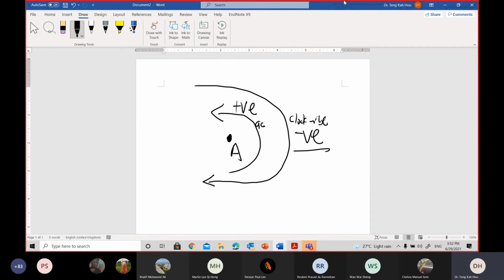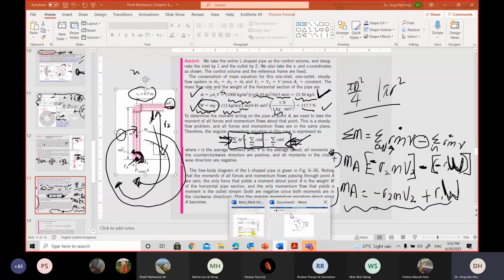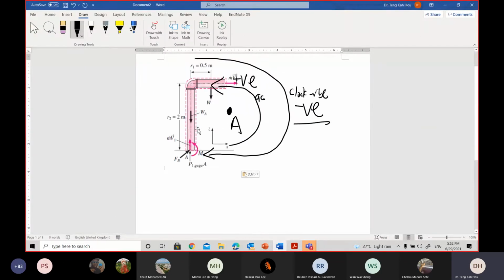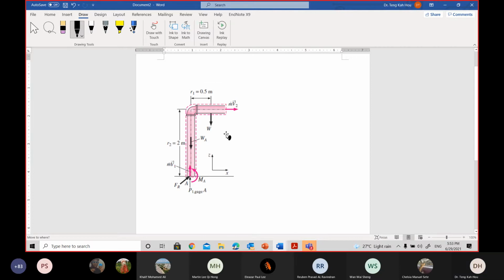This is very important in these sessions. So why is this negative? Because you can see from here, this is my assumption already from the moment at A. I assume that rotating this way is positive.